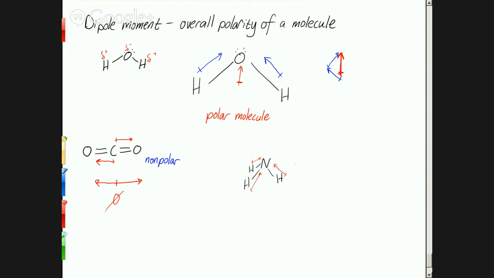And this one's a little tricky because we have to think about it in 3 dimensions. But all of those arrows are pointing up, right? So actually the horizontal components of them will all cancel because you've got them pointing in all 3 directions, but they're all pointing up. So the horizontal components will cancel, but the vertical components are still there since there's nothing pointing down to counteract that. So the overall dipole in ammonia is actually also straight up.